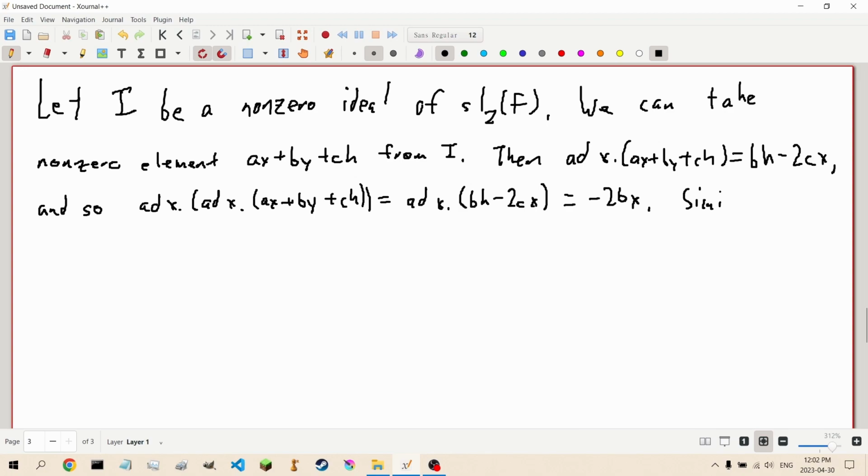I'm not going to go through this again, but you can see that applying the adjoint representation of y twice to this element we have here gives negative 2ay.